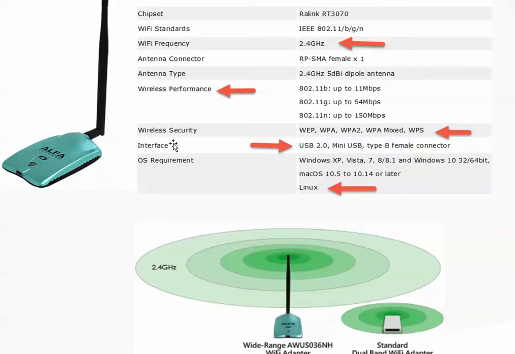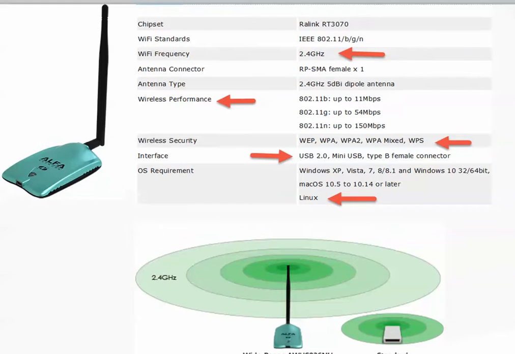This is the ARF card which you need to buy so that you can use it. You can get it on Amazon, and these are the details of it.